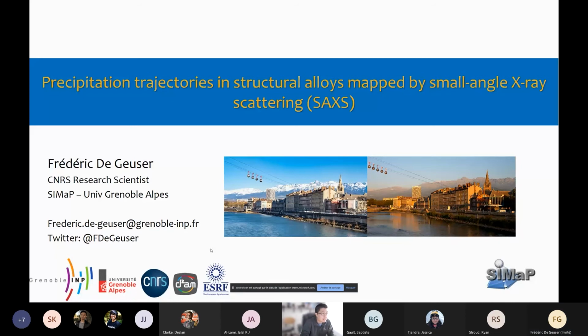Fred has extensive experience in precipitation work, both in modeling and characterizations, covering some advanced techniques, including APT and small angle X-ray scattering. And today, Fred is going to talk about the precipitation trajectories in structural alloys mapped by small angle X-ray scattering. So now let's welcome Fred to start the presentation.